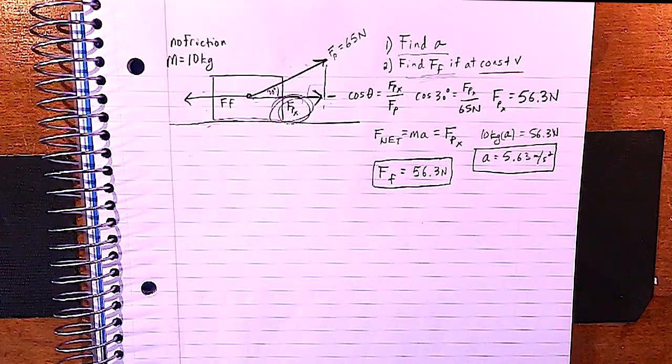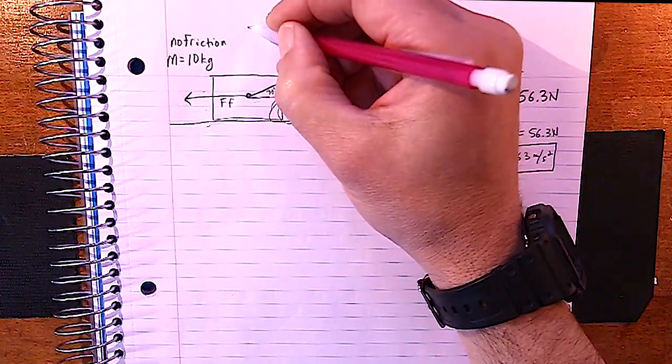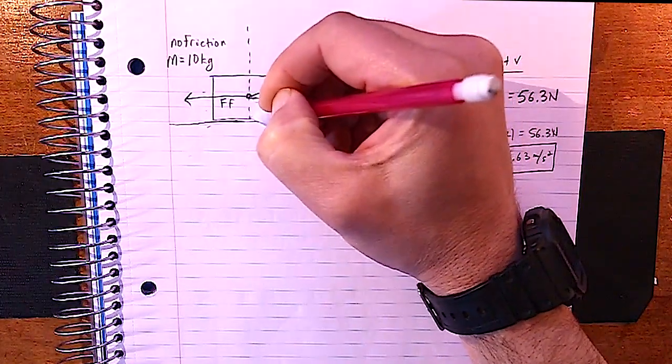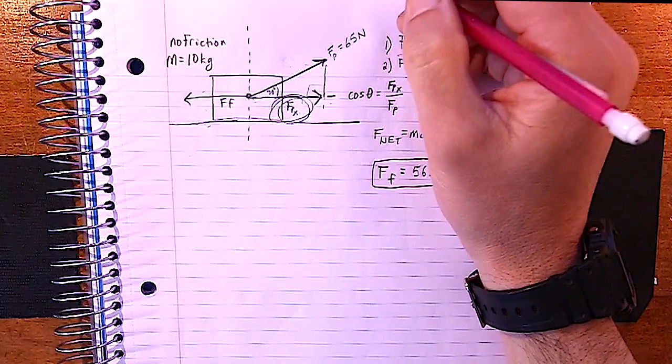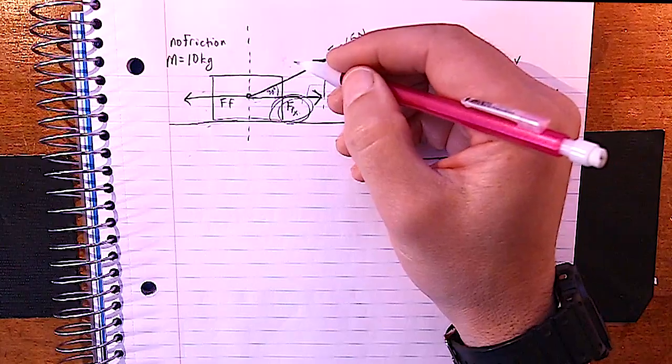The hardest question, which is probably not going to be found on an introductory high school course, would be to find the force normal. Now, this gets tricky because we have three forces in the vertical plane. The one thing that's nice about this is that the acceleration is zero.